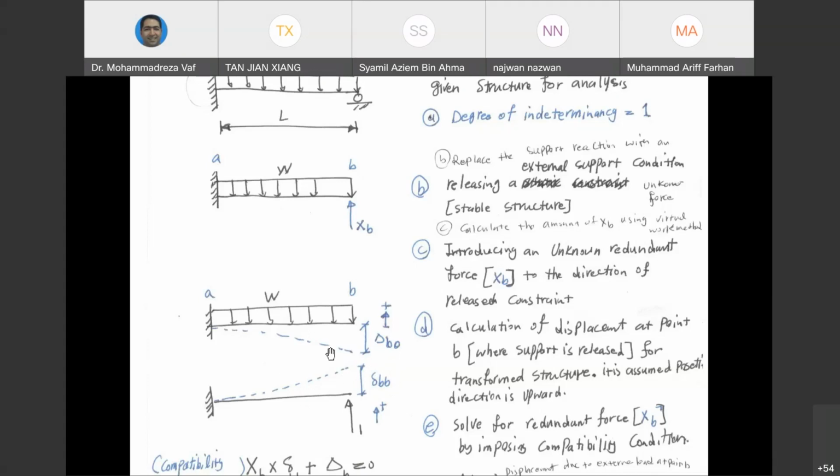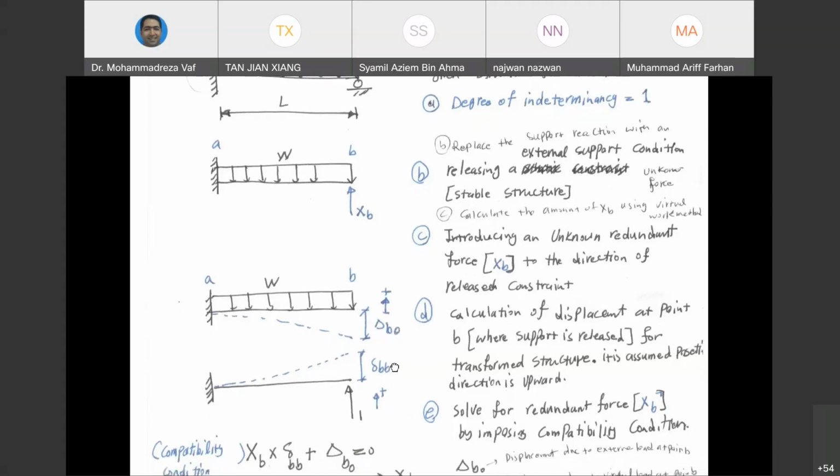But the problem is, I don't know how much force I should apply to point B in order to make the deflection exactly similar to delta BO. Because in the first place, we don't know how much is exactly the deflection of the structure.